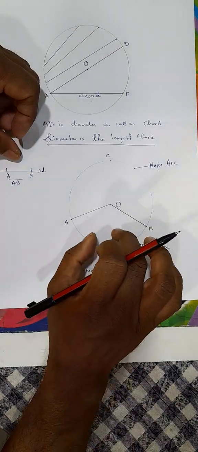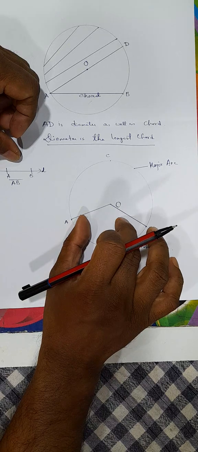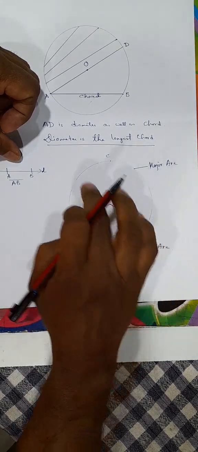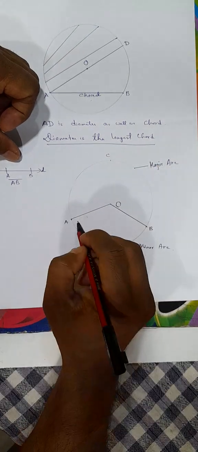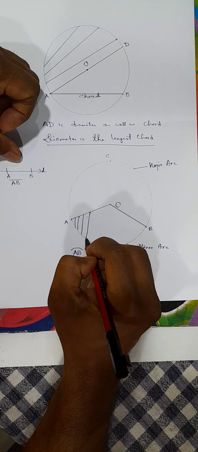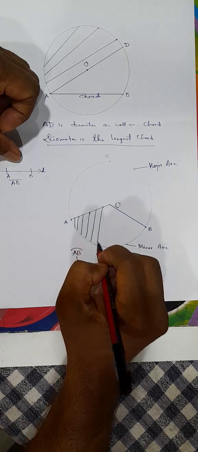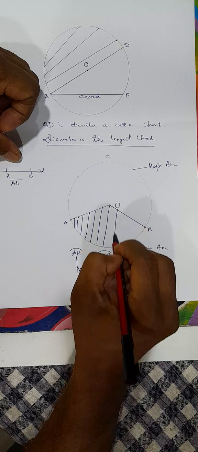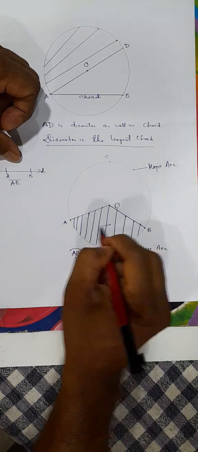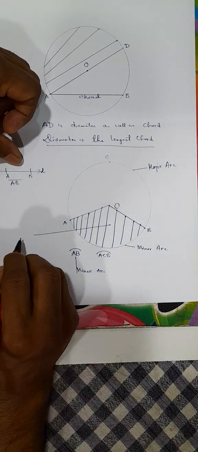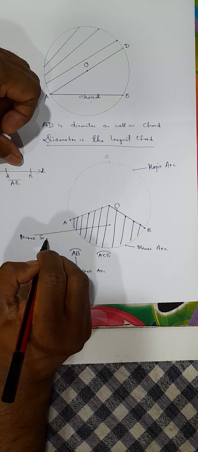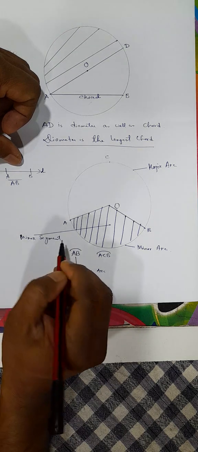Now let us consider this circular region. These two radii are dividing this circular region into 2 parts. Let us shade this region. Now this region is called the minor segment.